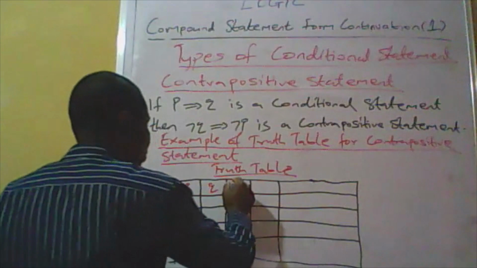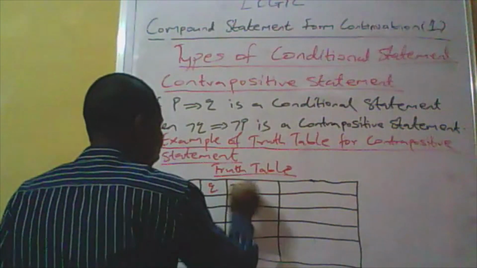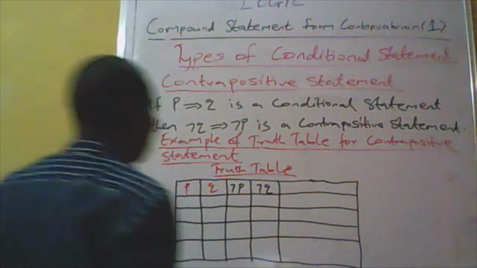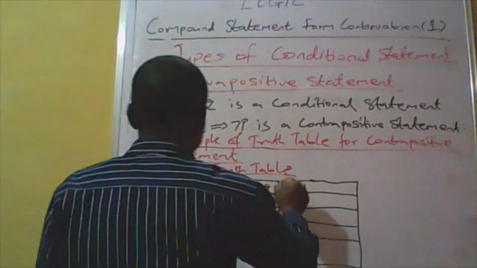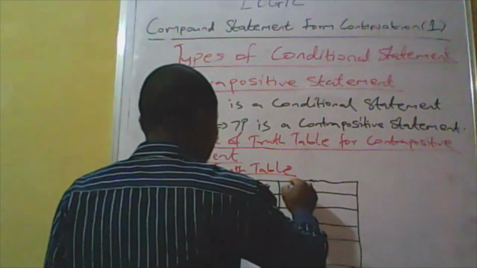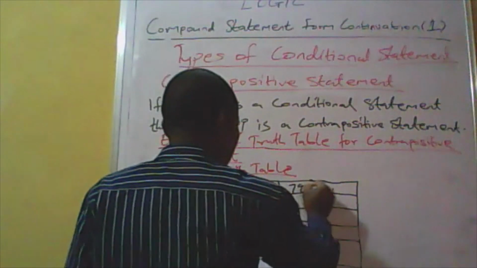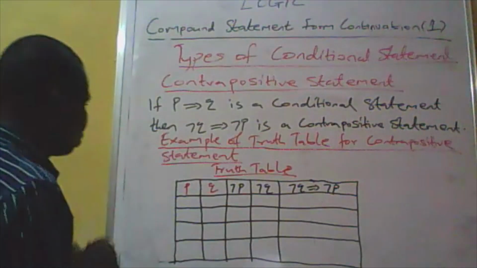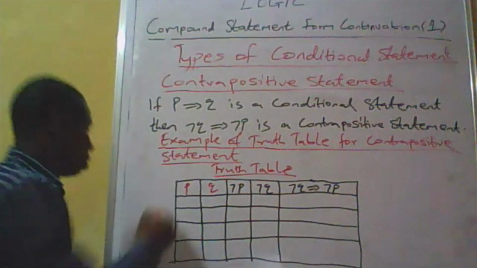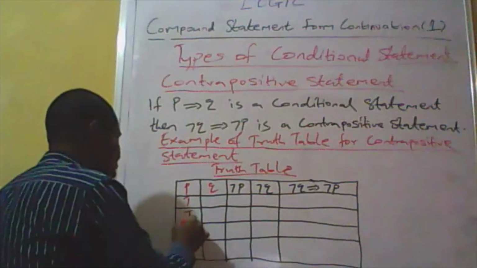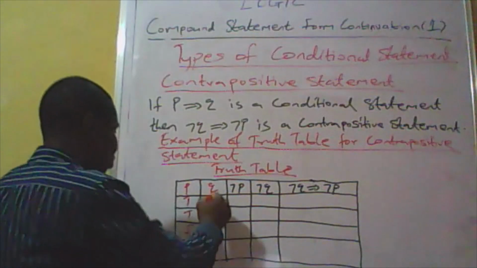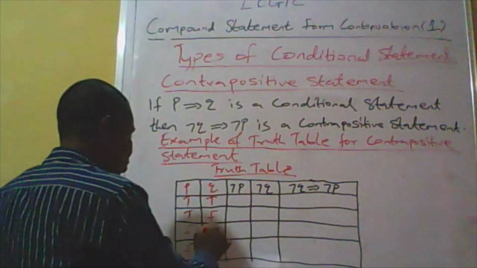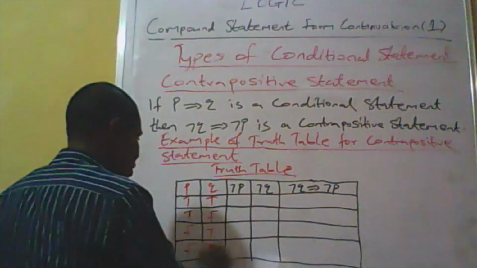We write them: not P, not Q. Then our statement, the contrapositive statement, is not Q implies not P. Here we have our normal T, T, F, F, and so on.